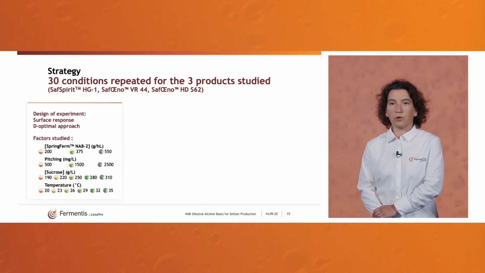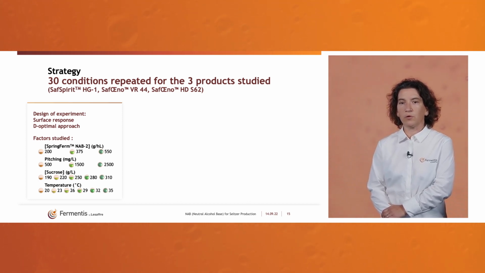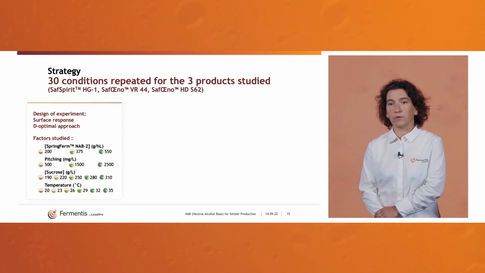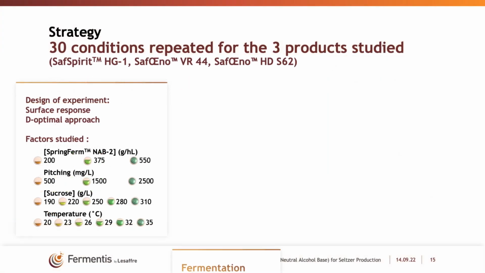For the concentration of NAB2, for example, we studied 3 levels: 200 grams per hectoliter, 375 grams per hectoliter, and 550 grams per hectoliter. For the pitching rate, we also studied 3 levels; for the sucrose, 5 levels; and for the temperature, 6 levels, from 20 degrees to 35 degrees.